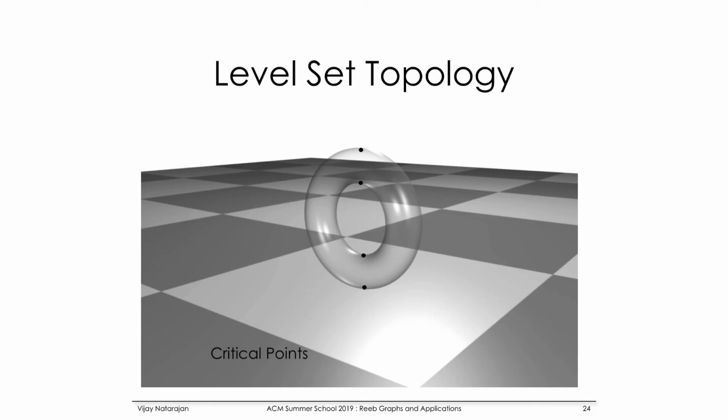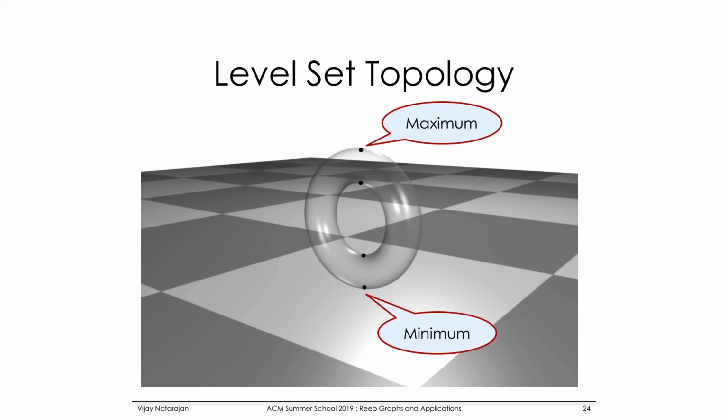And you can talk about the quotient defined by this equivalence relation, and that's exactly the Reeb graph, right? So you give me a function f defined on a domain, the quotient space is the Reeb graph. Okay? So this is how it is defined.